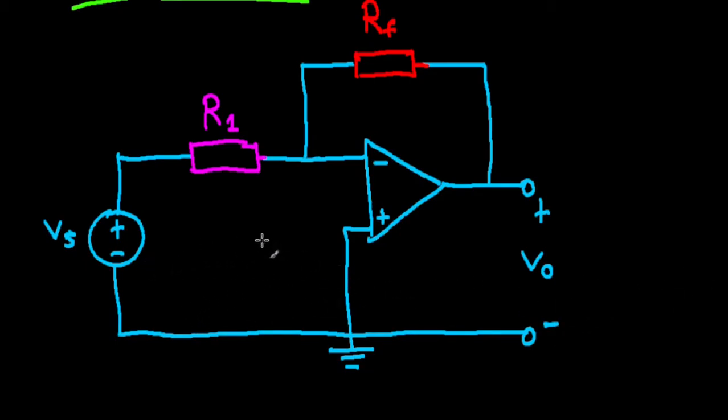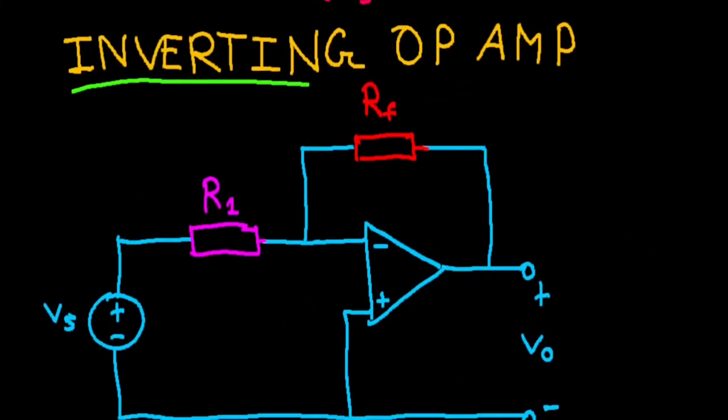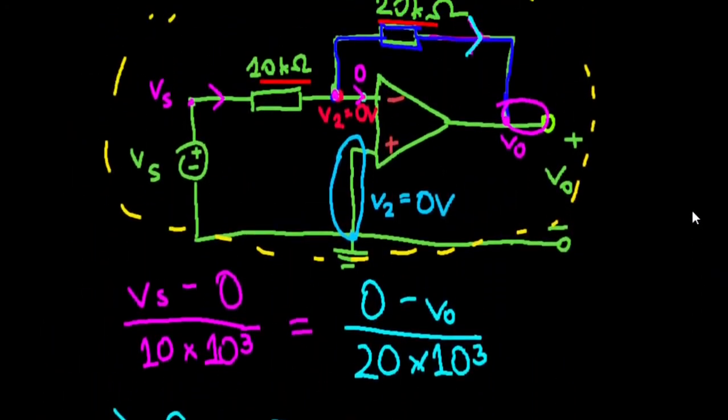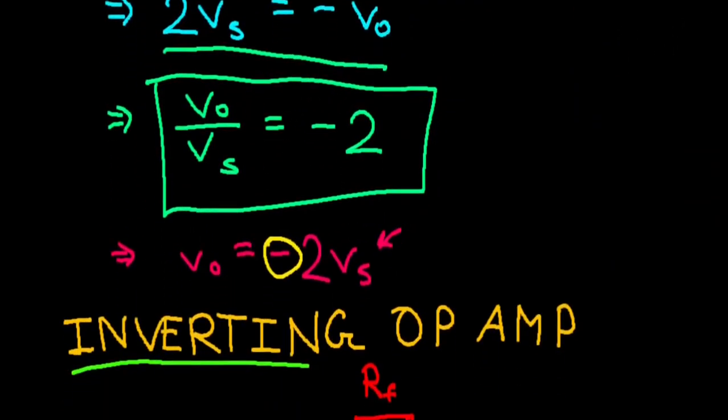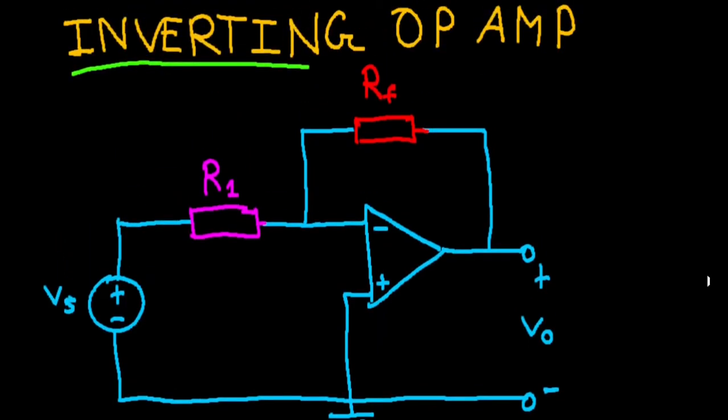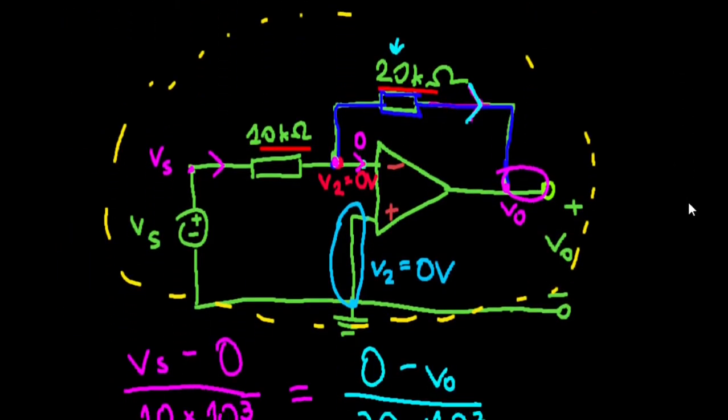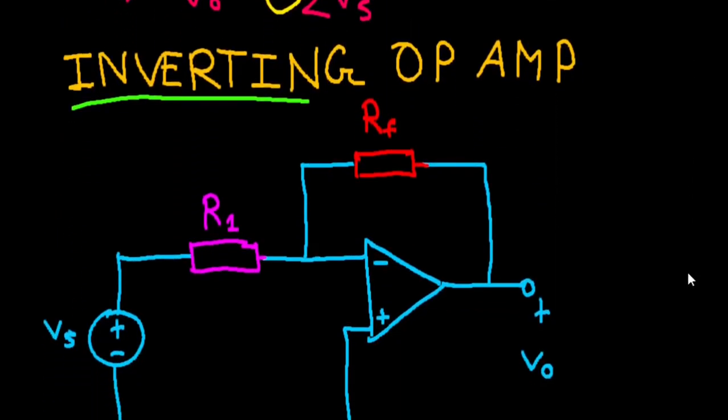So the first one we are going to look at, the first model you could say, is the inverting op amp. And to be honest, this is not actually something new if you have been watching my previous videos, because the only op amp problem we have been doing was actually an inverting op amp. As you can see, the configuration and everything is all the same. It's just that we used resistance values here instead of the general symbols.